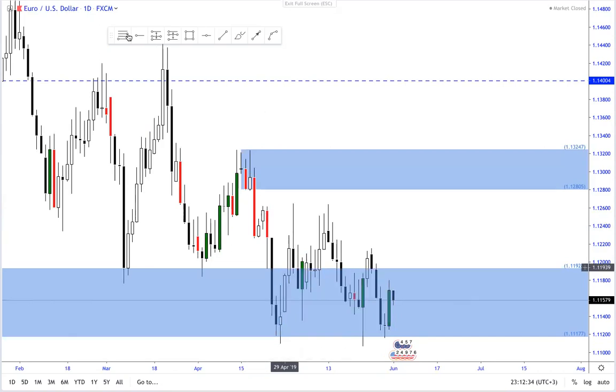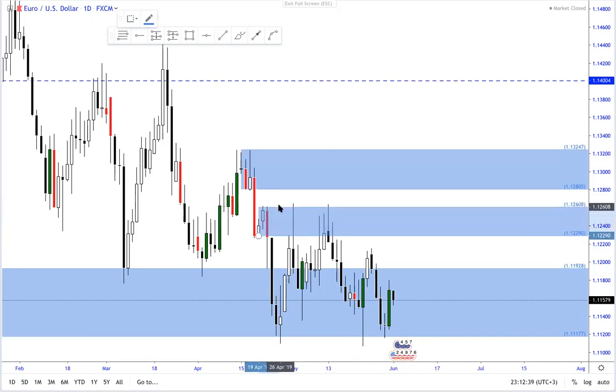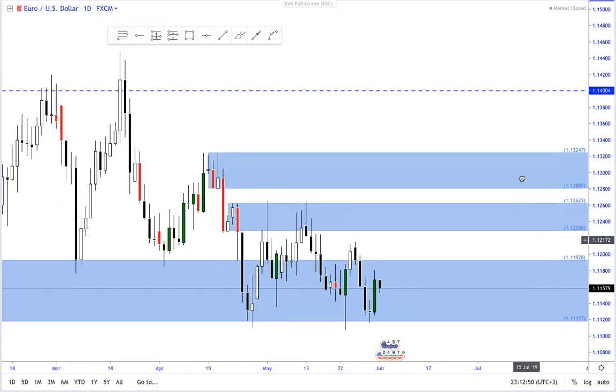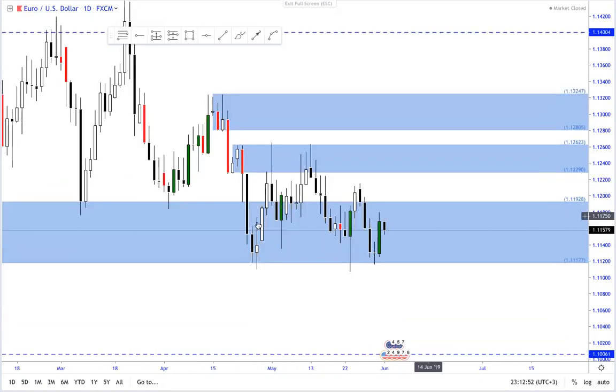So this level here is also a supply level, though we have too much tested of this supply level. What do I mean by too much tested? Price came back, it tested, and it penetrated above the level.